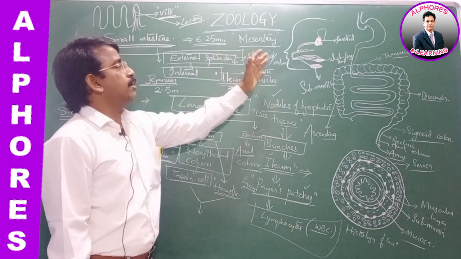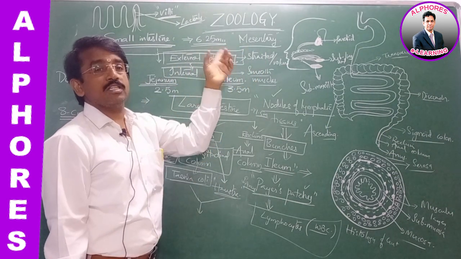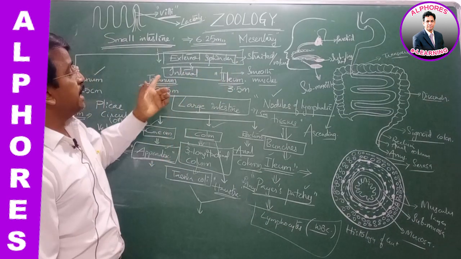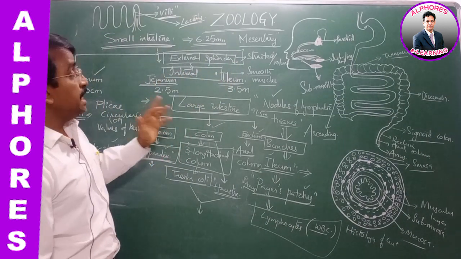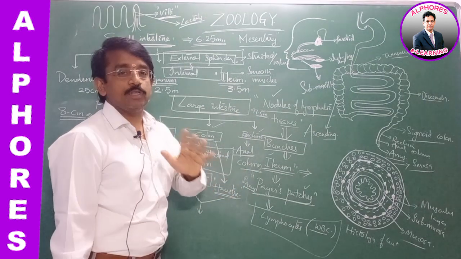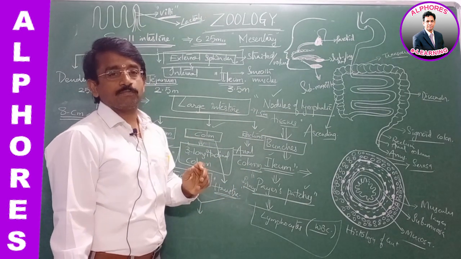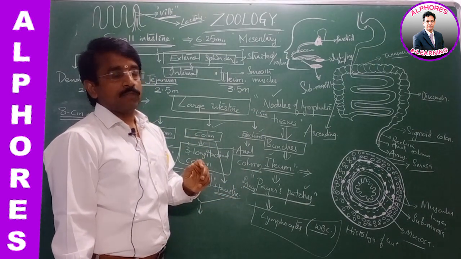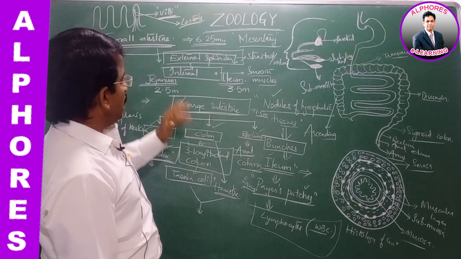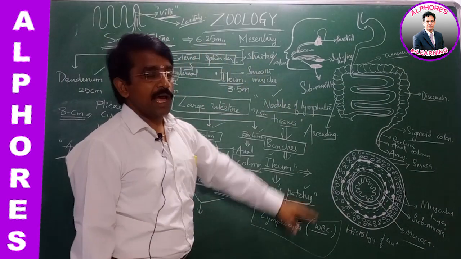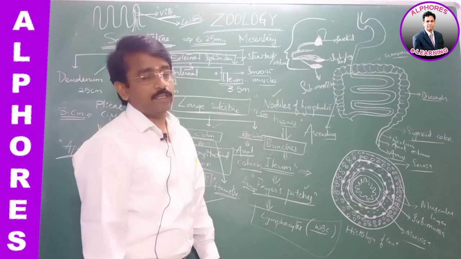That's what voluntary means. Whereas the internal sphincter is of smooth muscles, so it is involuntary. So this is the anus, an opening to the outside.